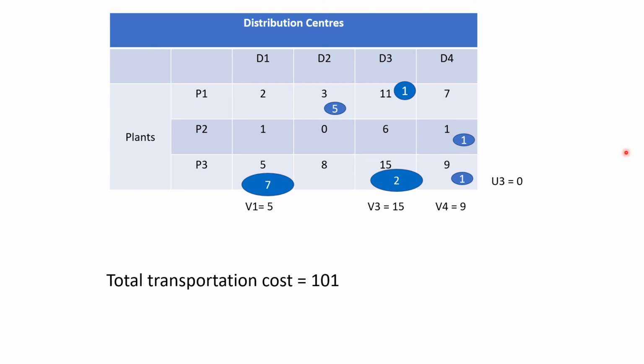So it is -8. And what about this? V3 is 15. If V3 is 15, what will be U1? U1 will be -4 again. So if U1 is -4, what will be V2? -4 plus V2 is 3. So -4 plus 7 will be 3. So V2 becomes 7.